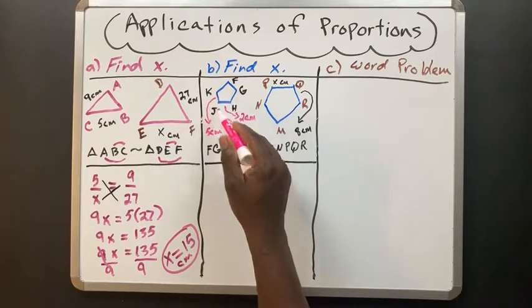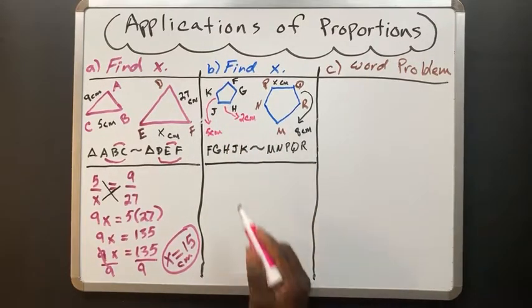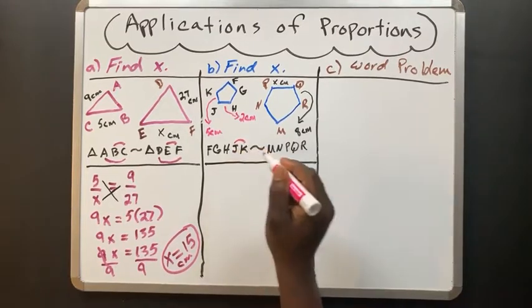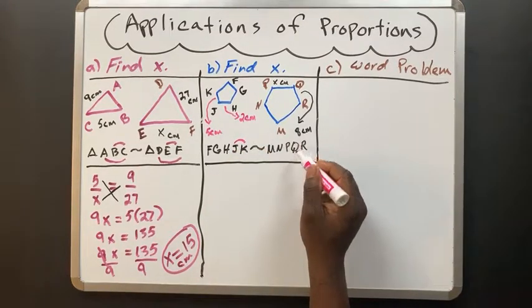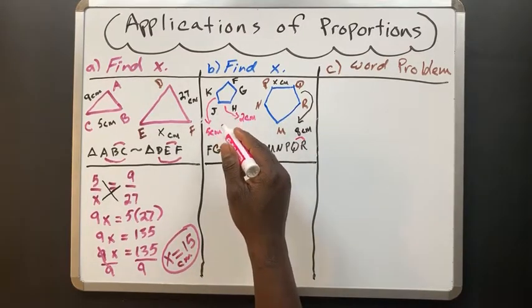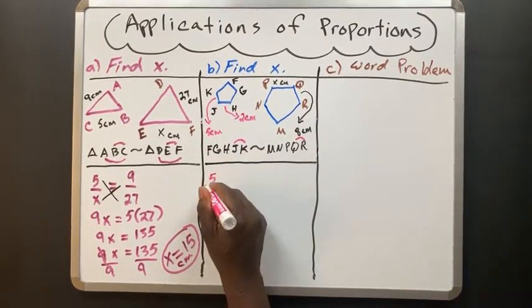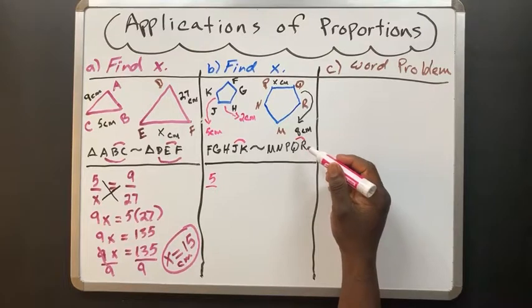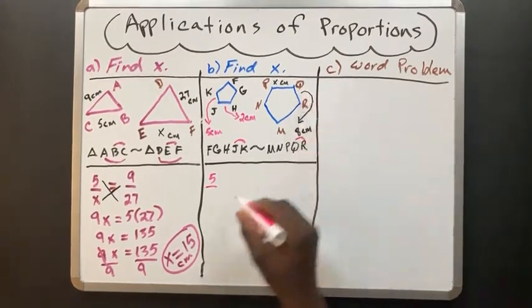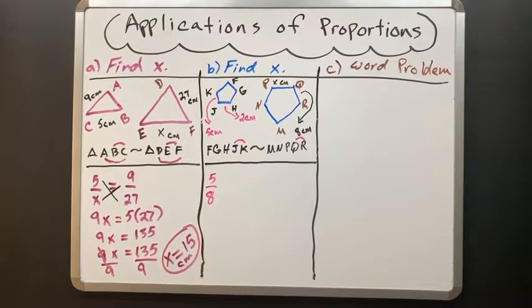Let's start with JK. JK corresponds with what over here? Right, QR. So let's write the length of KJ, which is 5 over, and what is QR? 5 over 8 is segment QR.